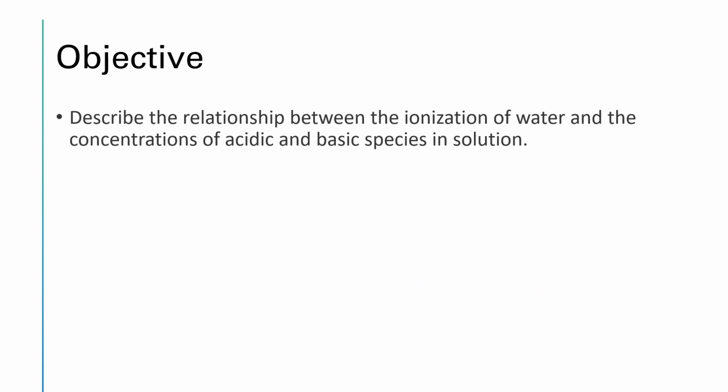So our objective here was to get comfortable with the autoionization of water. So it can be written as HOH in equilibrium with H plus OH minus. Whoops, that should be OH minus. And yeah, let me go ahead and erase that because that's really kind of weird looking.